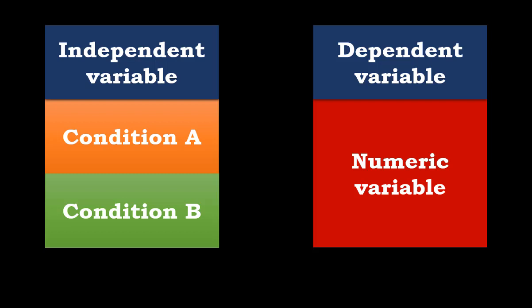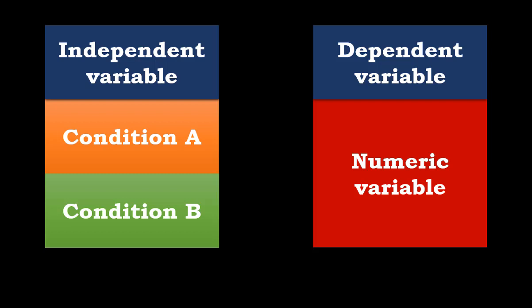We may be interested in just the difference between these two conditions. This is similar to the barley example. We want to know whether type A is different than type B, but we don't have a control group per se. We're interested in both.